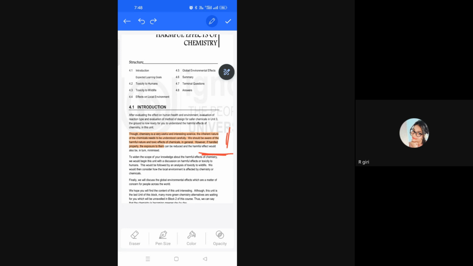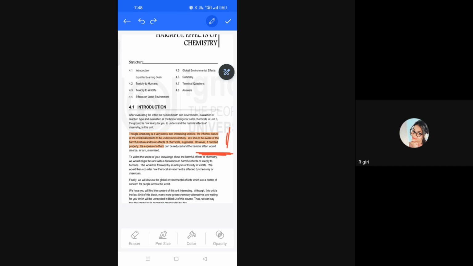Especially in the chemistry laboratory, whenever you go there, the laboratory assistant will tell you, don't touch any chemical, stand straight without touching, because you don't know the behavior or the property of that chemical. So without knowing the nature and property of a chemical, you should not touch any chemical.